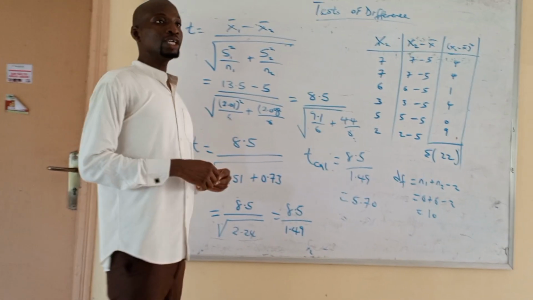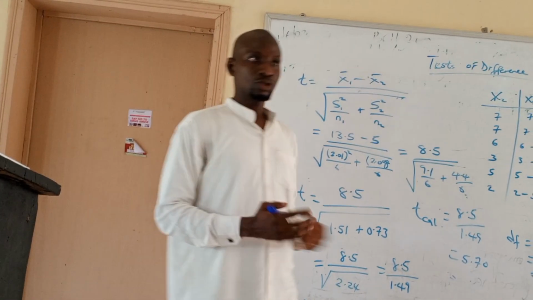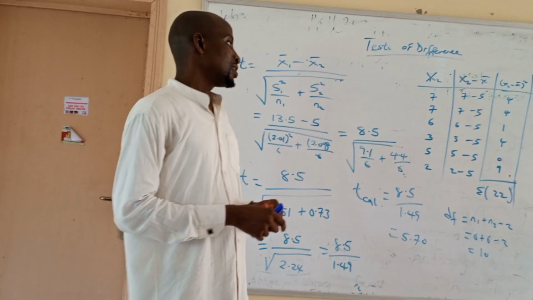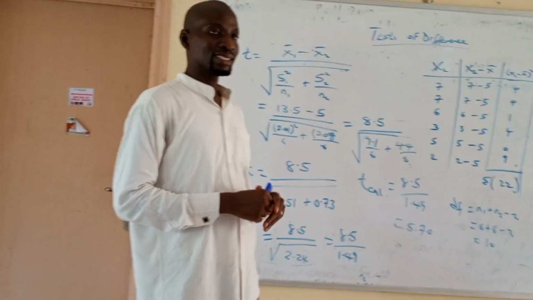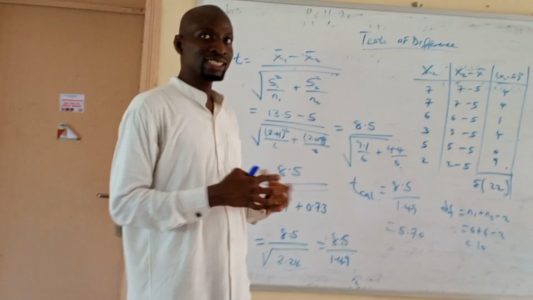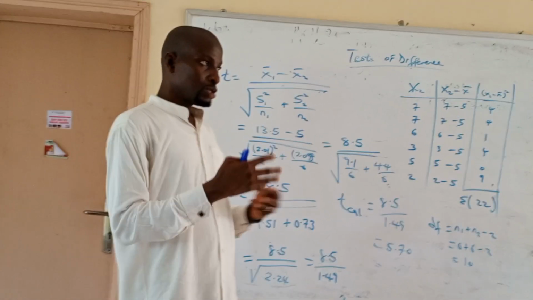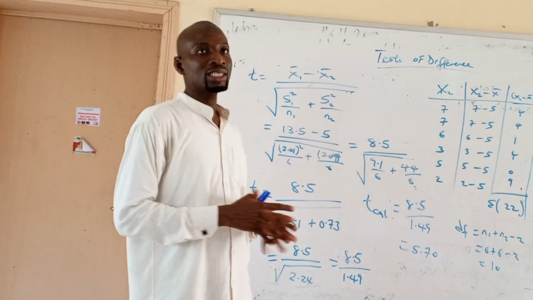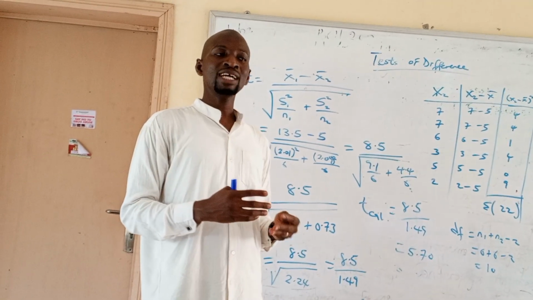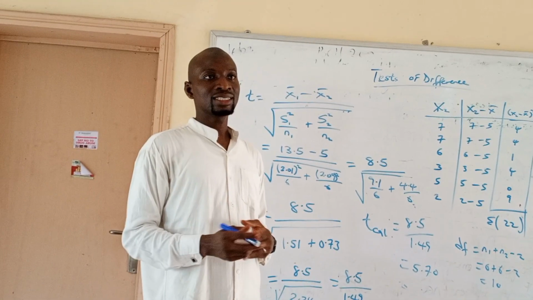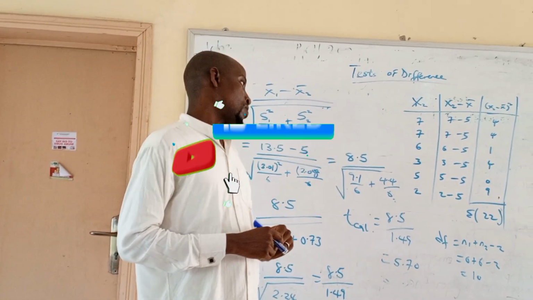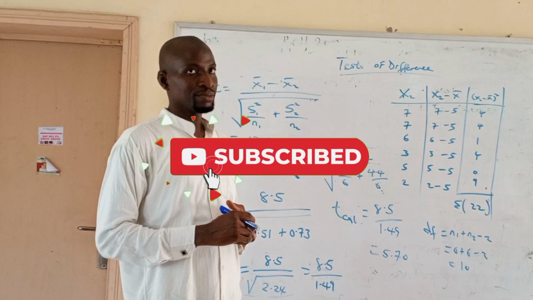You then go into your tabulated value to determine your t tabulated. If your level of significance is 0.05, you will check for the tabulated value and compare it with the calculated value so that you will know whether to accept or reject. And you have to be careful of committing type 1 error or type 2 error as the case may be.